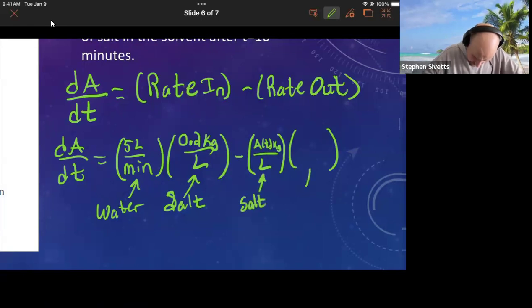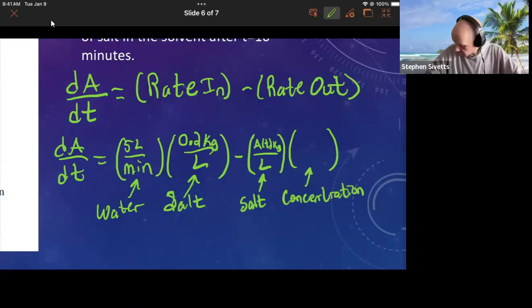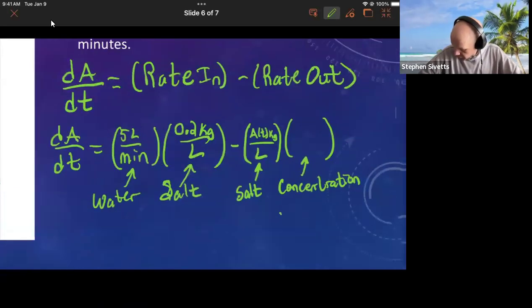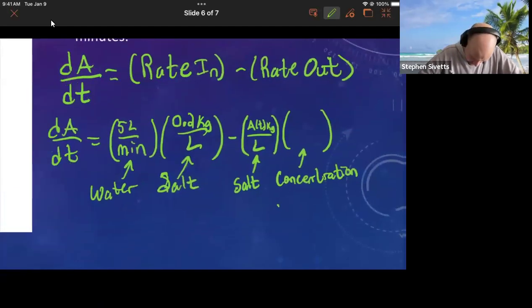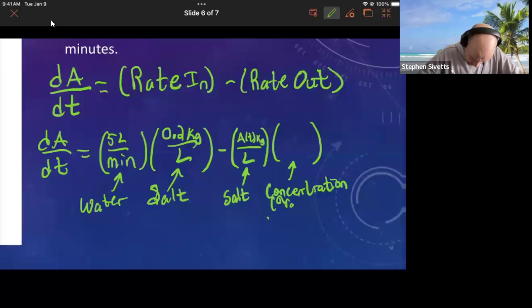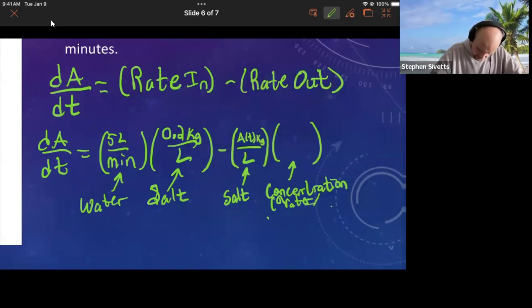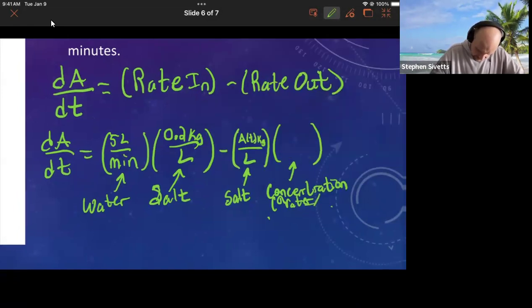And then this number here will denote the concentration, right? So this is the amount of water, or I should say, let me erase this.